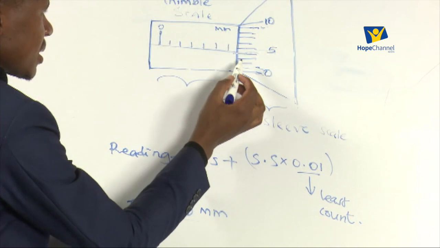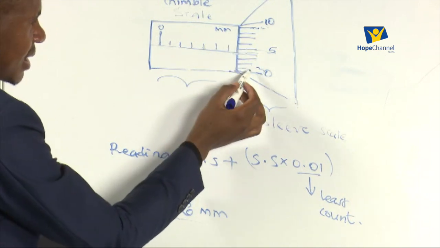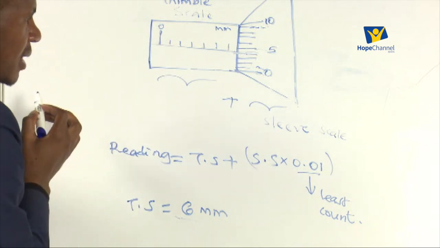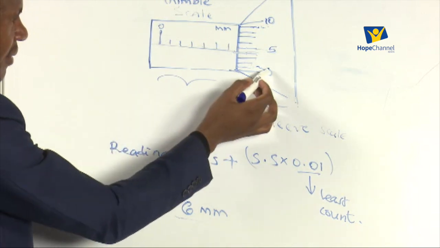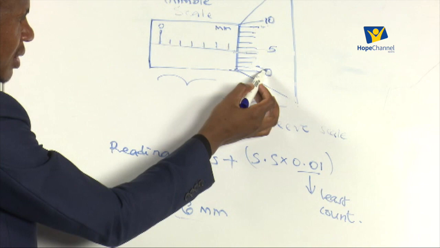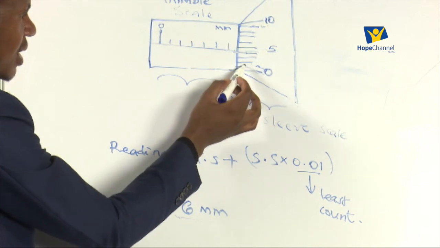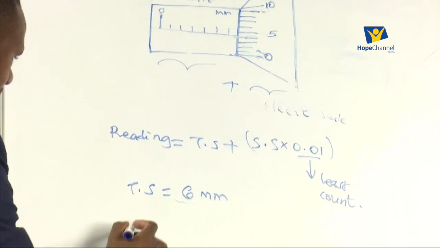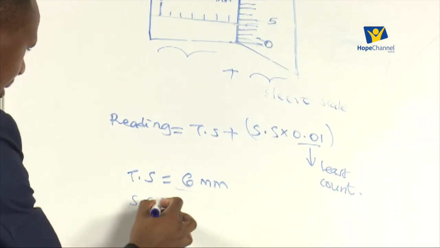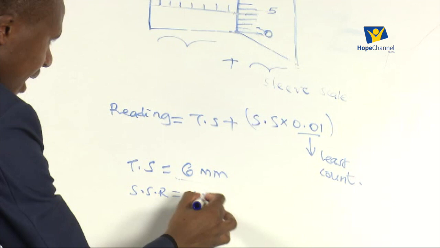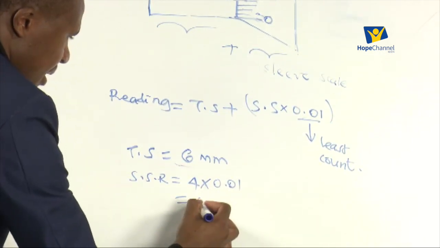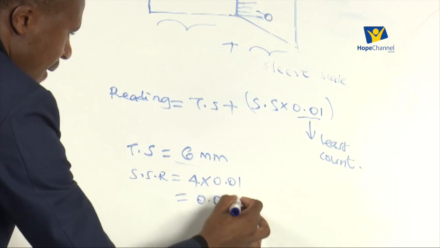If we count the division that is coinciding exactly, we have 1, 2, 3, 4. It is the fourth division. Again, we do not count the first division which corresponds to the 0. We start from the next one. So there are 4 of them. So our sleeve scale reading is equal to 4 times the least count, which is 0.01. This gives us 0.04 millimeters.